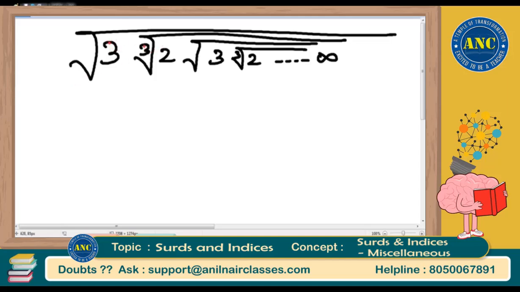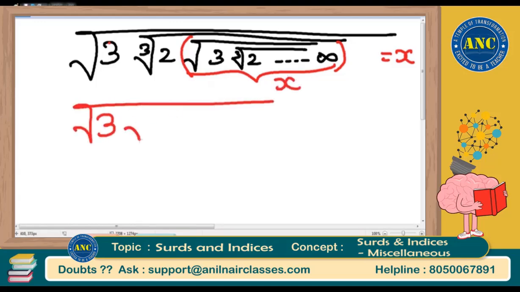This square root of 3 and cube root of 2 is repeating infinite times. If I call this entire question x, from here also everything will be x itself. That means my question will be square root of 3 into cube root of 2, and this entire thing I'll substitute as x. Now that is nothing but equal to x.